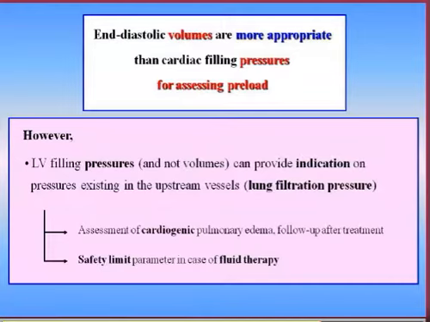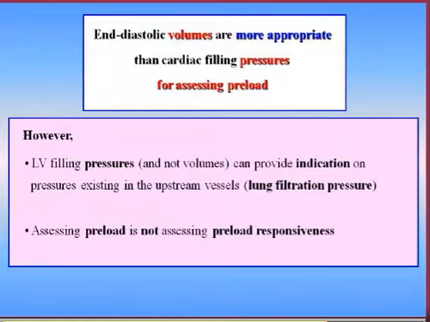However, we have to remember that left ventricular filling pressures, and not volumes, can provide indication on pressure existing in the upstream vessels, for example, lung filtration pressure, and this is very important for assessing cardiogenic preload, follow-up after treatment, etc. And also, it is a safety limit parameter in case of fluid therapy.